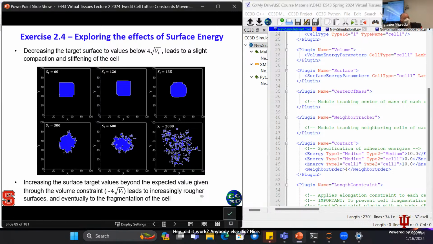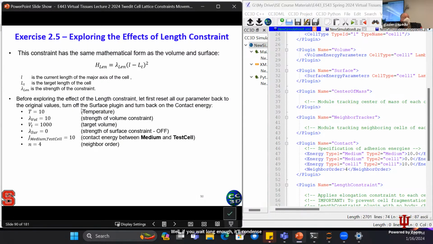When I set it to 9,000, it turned to dust. And then when I tried to go back, of course, it wouldn't reform because each one was too spread out. Well, if you wait long enough, it'll condense. Yeah. It may take a while, but it'll condense.